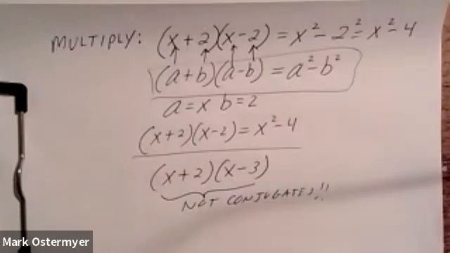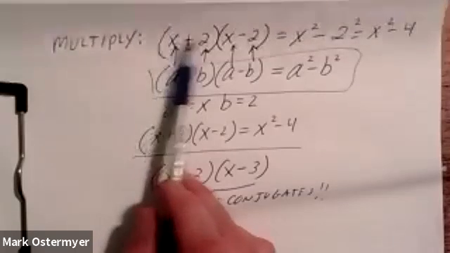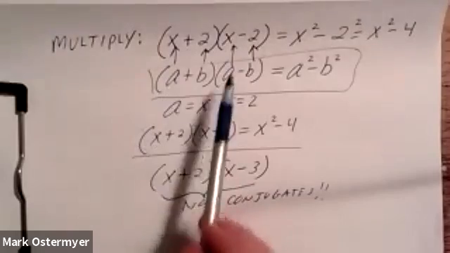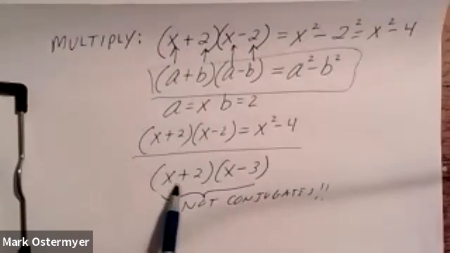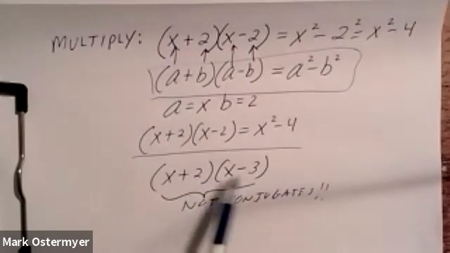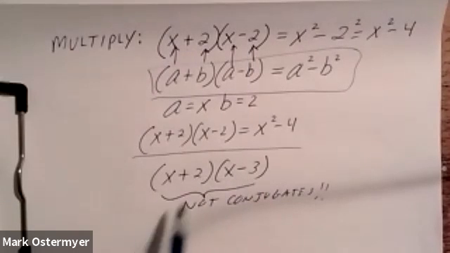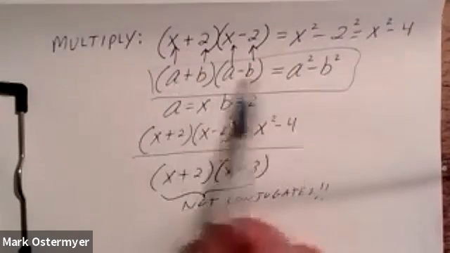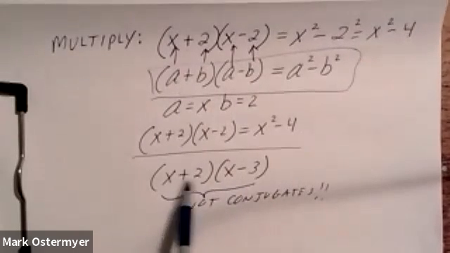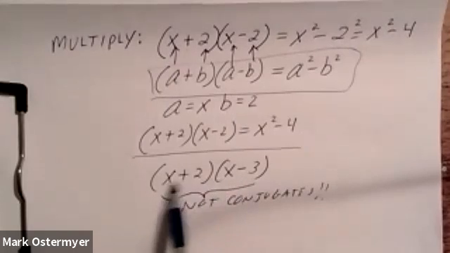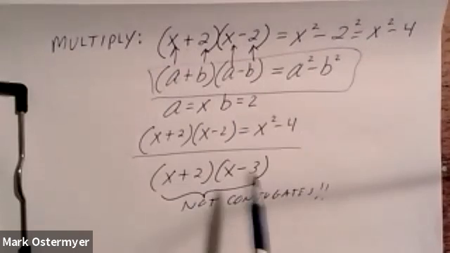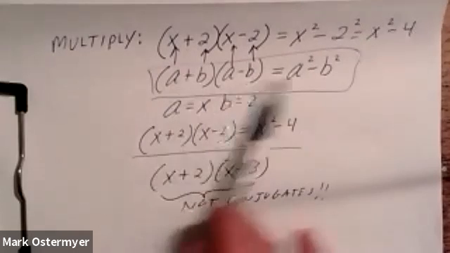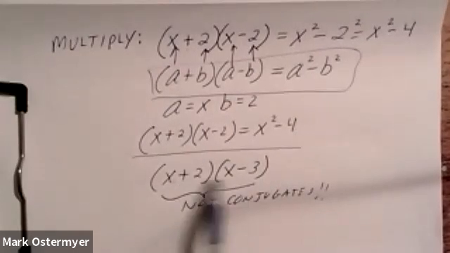To be conjugates, the first terms have to be the same, and the last terms have to be the same. These are not conjugates because our last terms are not the same. So we could not use this pattern to multiply these out. We would have to just multiply these out using our regular FOIL method, correct? We cannot use this special pattern because these are not conjugates.